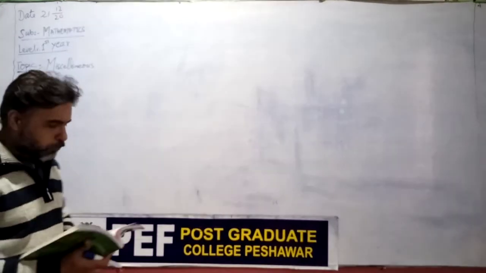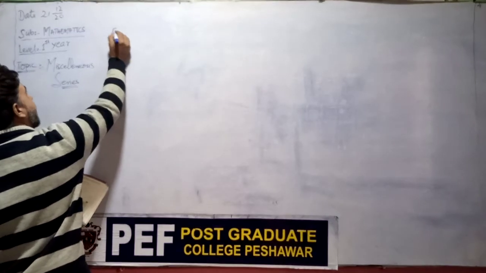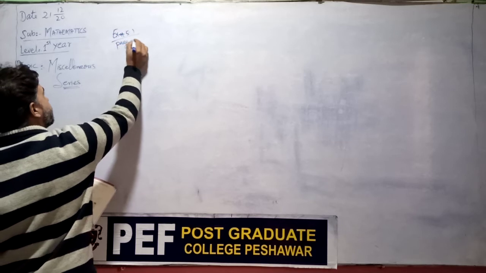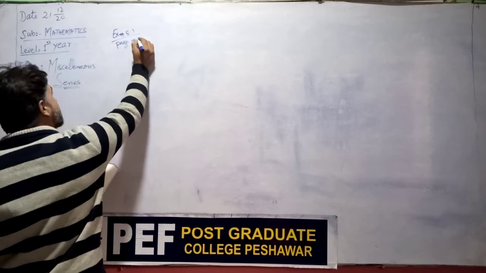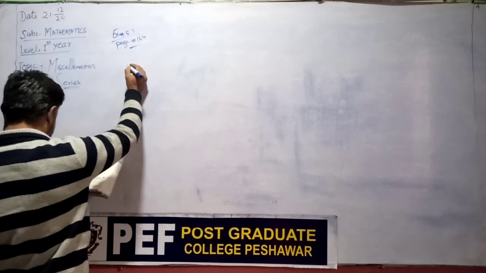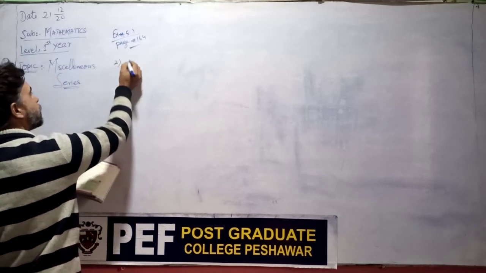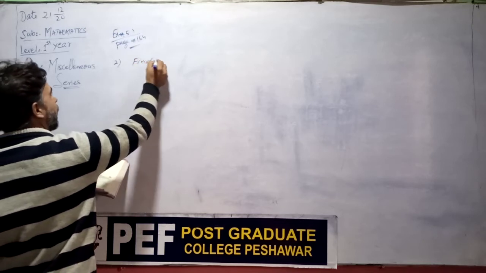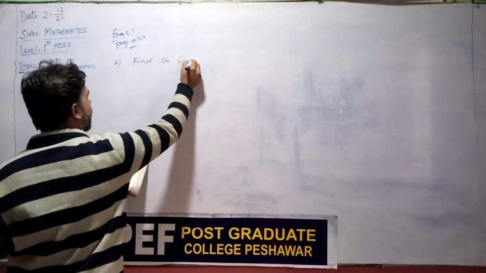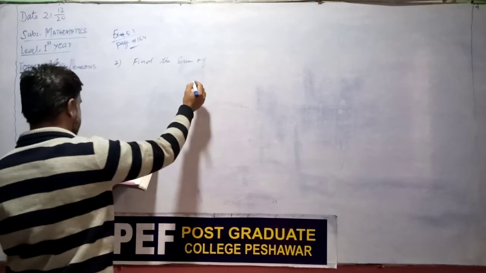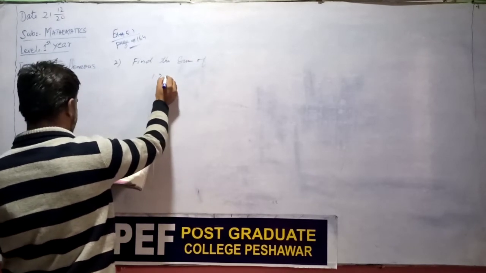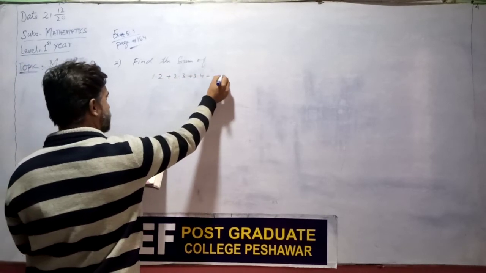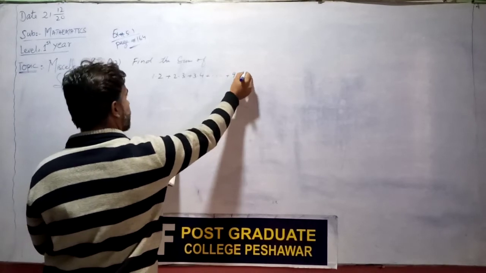In exercise 5.1, page 164, question number 2: find the sum of 1·2, 2·3, 3·4 plus and so on up to 99·100.